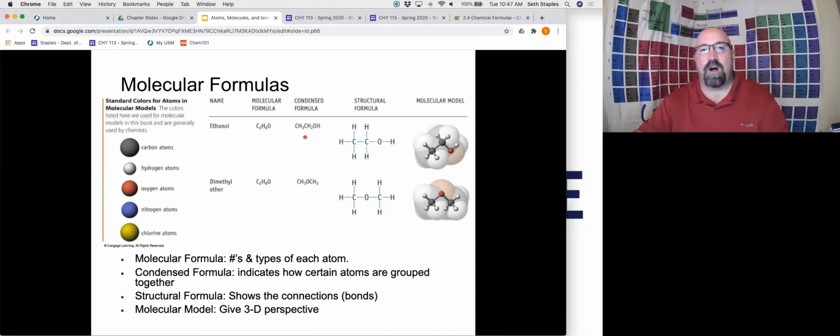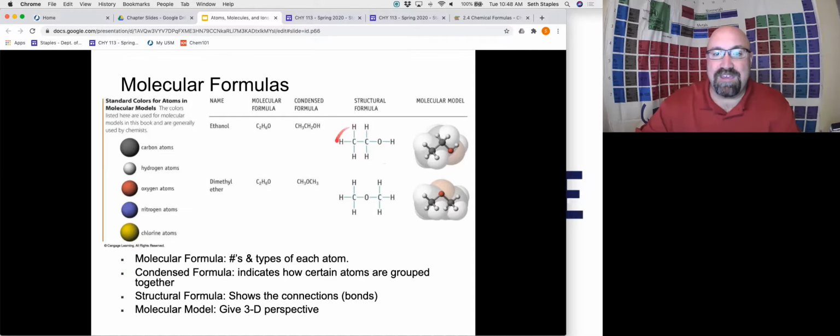Sometimes you may see what we call a condensed formula. What a condensed formula does is it gives us information as to how the actual atoms are grouped together. The molecular formula doesn't give us any of that information. It just tells us how many of each type of atom. The condensed formula starts giving us clues as to how the atoms actually are attached. And you can see that when we look to the structural formula, which shows you the actual atoms, how they are arranged, and the bonds between them.